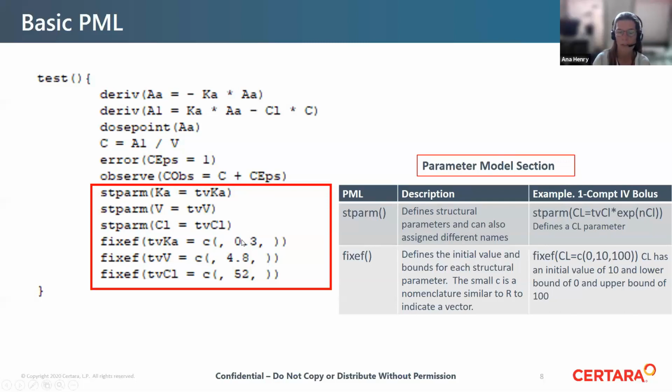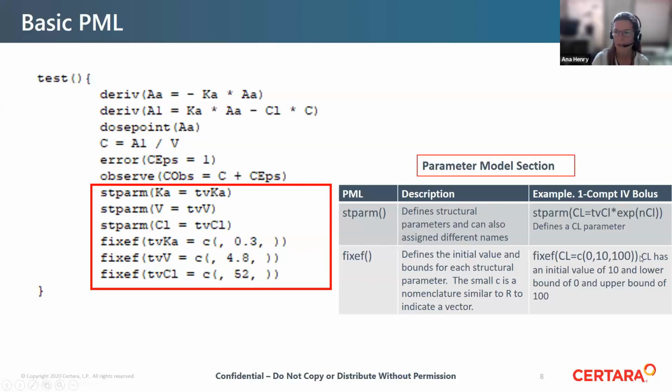We don't recommend using bounds to start with, but in some cases, if your estimates are going negative, you may want to put maybe a lower bound of 0. The way this works is it has this C indicating this vector, then a parenthesis, and here would be your lower bound, comma, the center is the initial estimate, comma, and then in this space would be your upper bound.